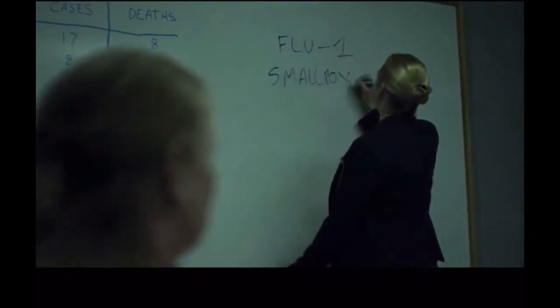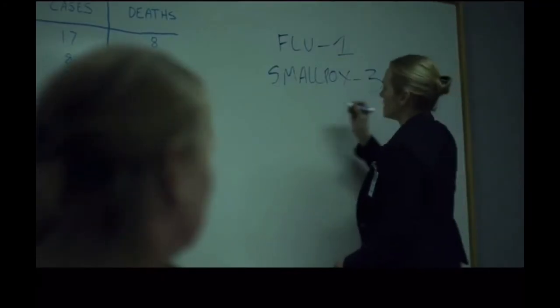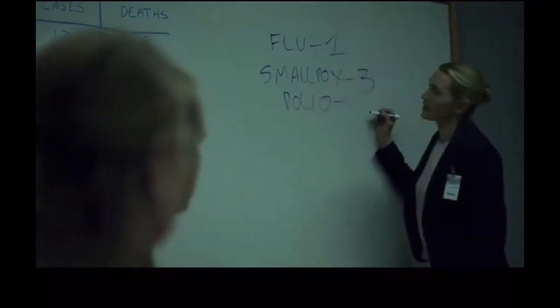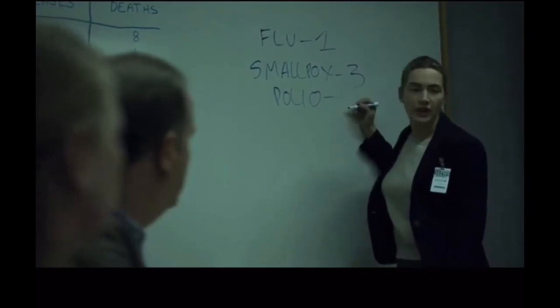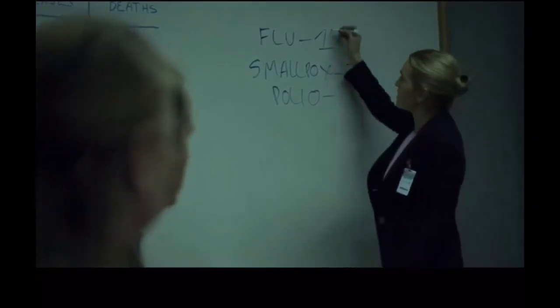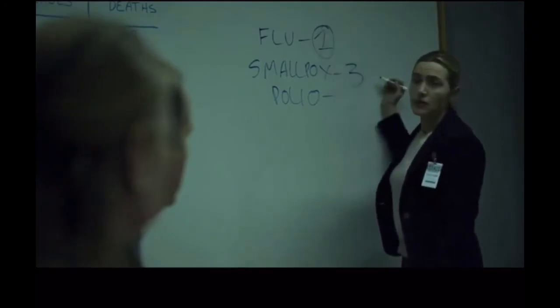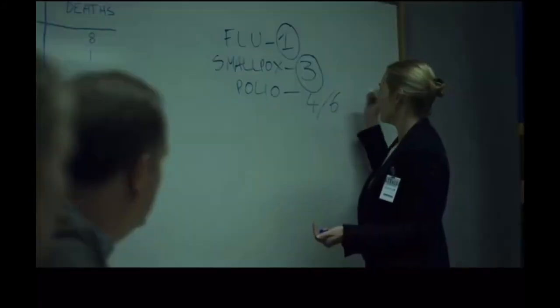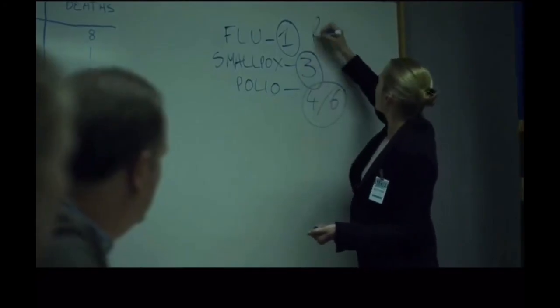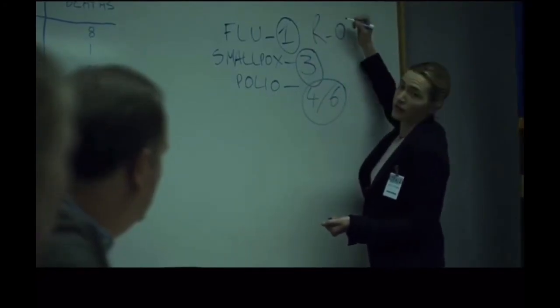What we need to determine is this. For every person who gets sick, how many other people are they likely to infect? So, for seasonal flu, that's usually about 1. Smallpox, on the other hand, it's over 3. Now, before we had a vaccine, polio spread at a rate between 4 and 6. Now, we call that number the R naught.